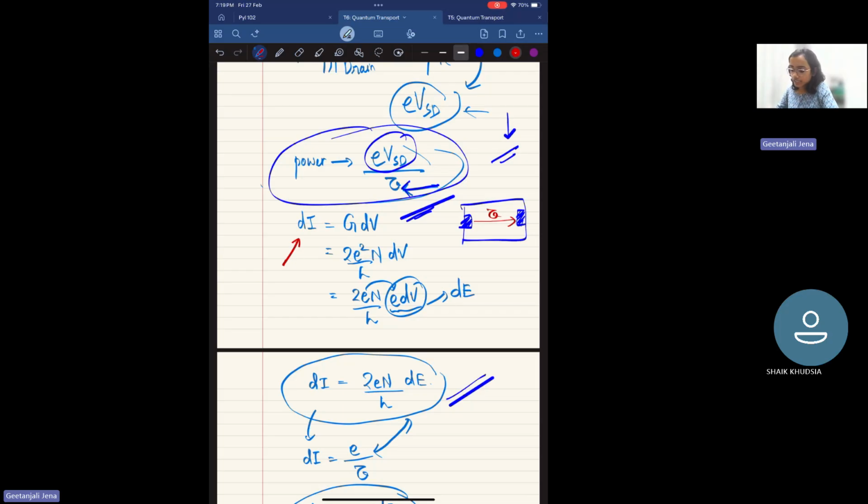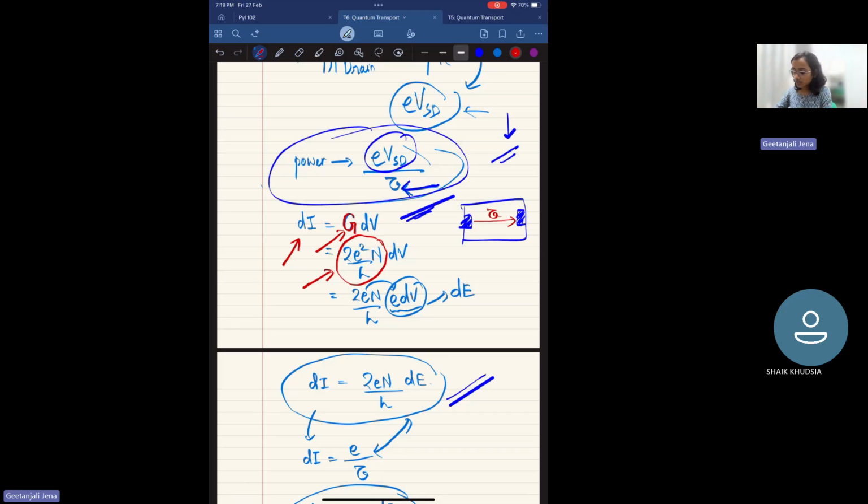The current dI you can write as G dV whenever you have an ohmic region. The ohmic region is valid when we have a small bias, so we are considering a small bias case. So we can write dI as conductance times dV, and the conductance is the quantized value, 2e squared by h times n.